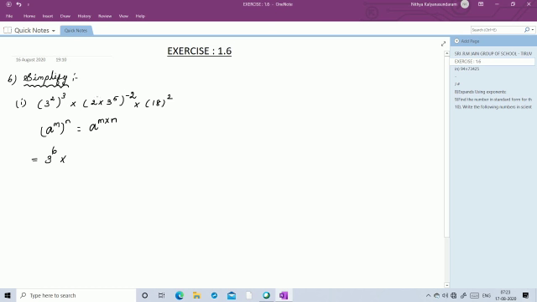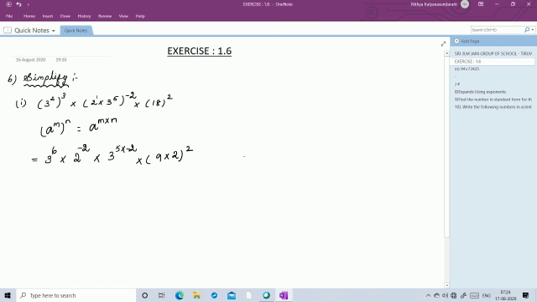If there is no power, you will consider it as 1. So 1 into minus 2 is 2 power minus 2. Multiply 3⁵ into minus 2 into 18. We can write 9 2s are 18, 9 into 2 whole square. Again, 9 we can write as 3².